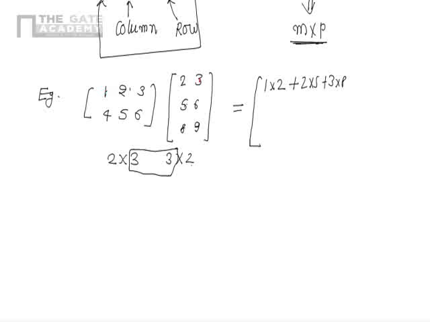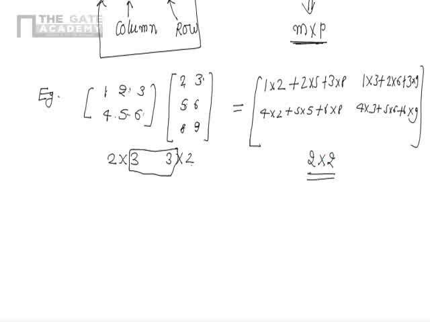Again we'll start with the first row, so 1 into 3 plus 2 into 6 plus 3 into 9. Now next is 4 into 2 plus 5 into 5 plus 6 into 8. Next is 4 into 3 plus 5 into 6 plus 6 into 9. So that's how I get the resulting matrix of order 2 by 2.